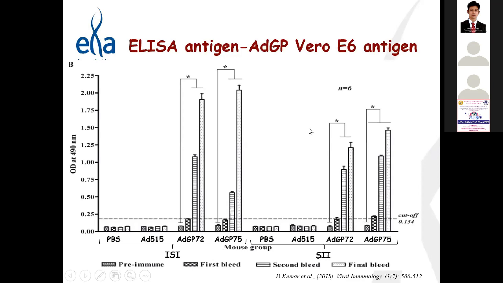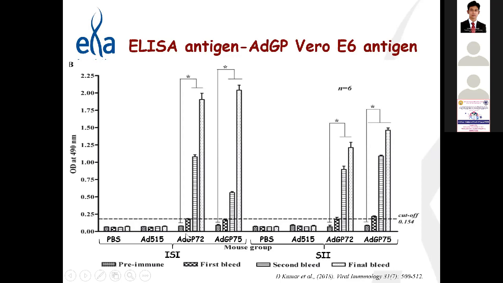But when we use the AD-GP infected Vero E6 antigen, we could see that in the mouse groups which received AD-GP clones, the bars are going up in the second dose and third dose.